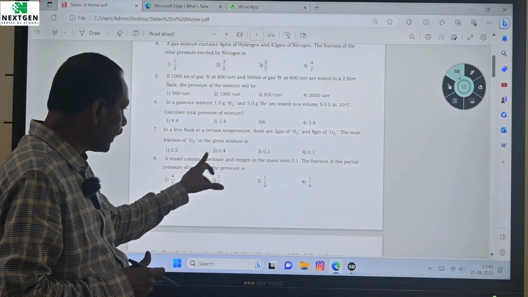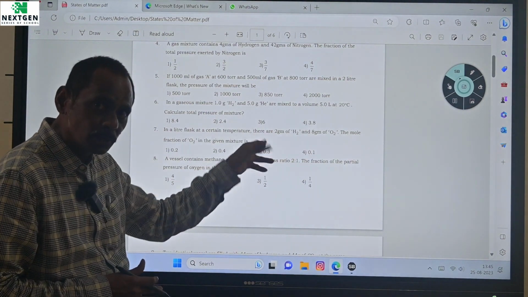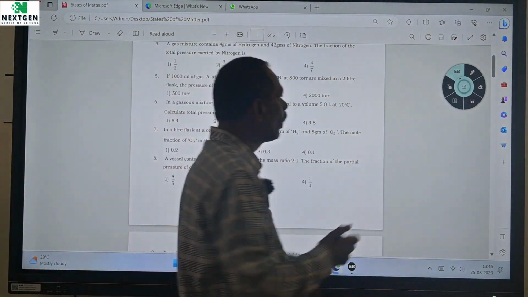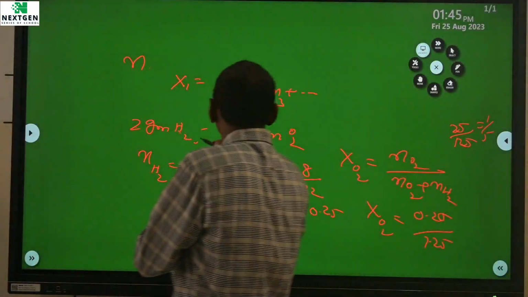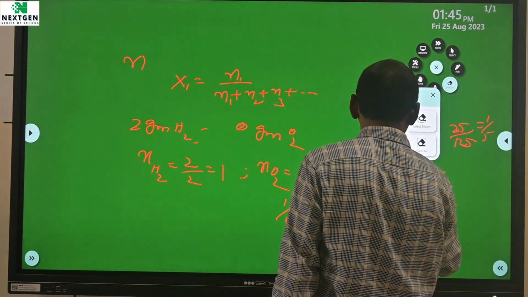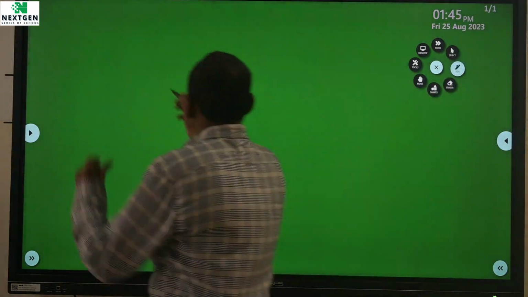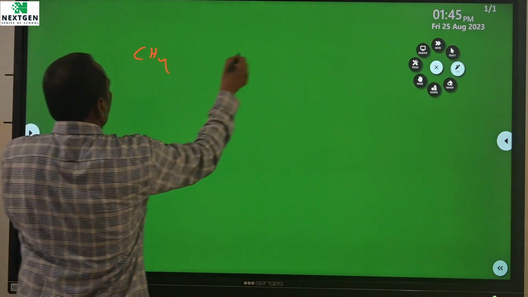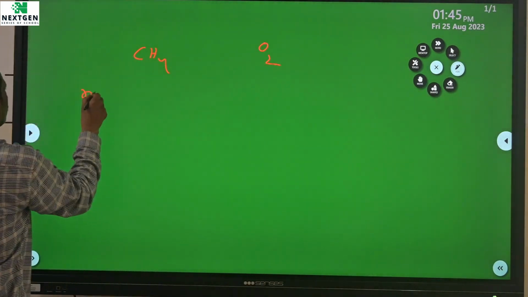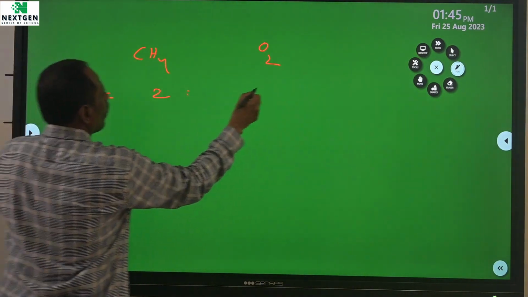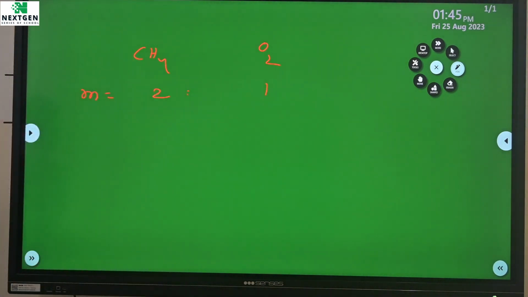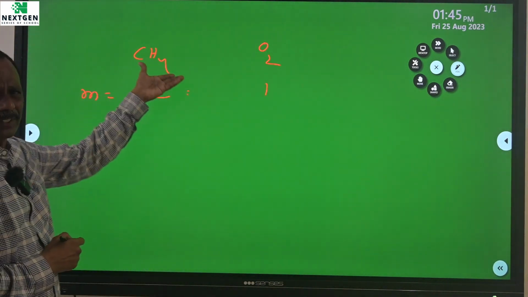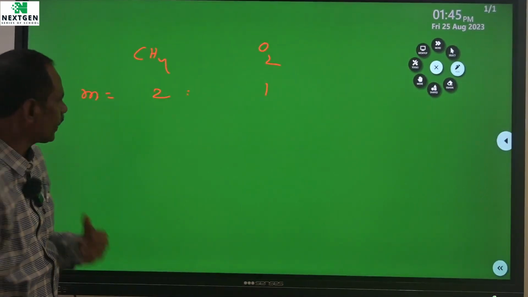Here methane and oxygen are taken in a 2:1 mass ratio. Then we can calculate the partial pressure of methane or the partial pressure of oxygen.